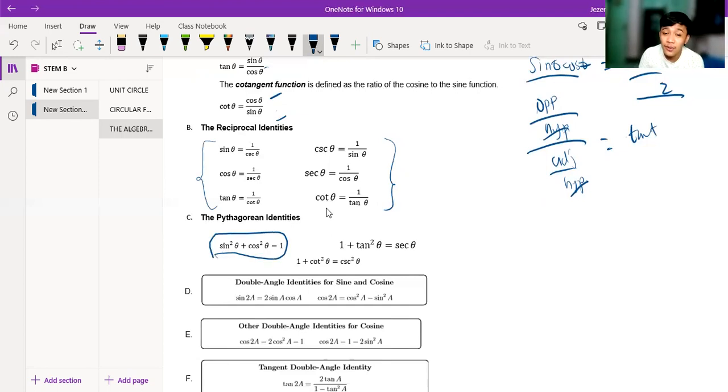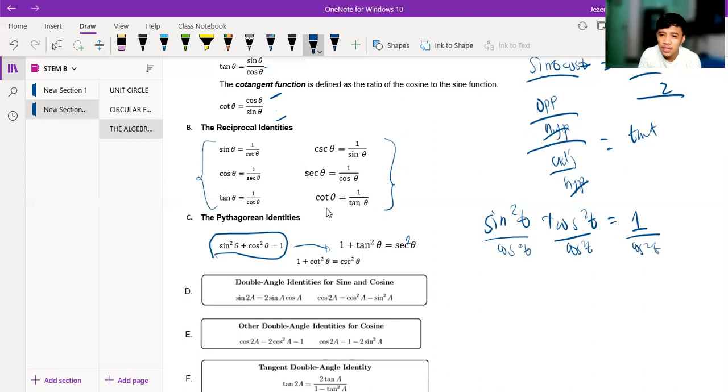Okay? So, samahan siya ni 1 plus tangent squared theta equals secant squared theta. Yun ay nanggaling sa sine squared theta plus cosine squared theta is equal to 1. Divide lahat ng cosine squared theta.